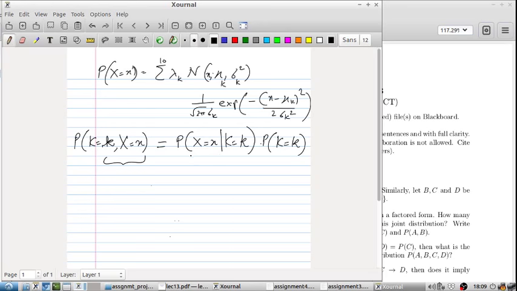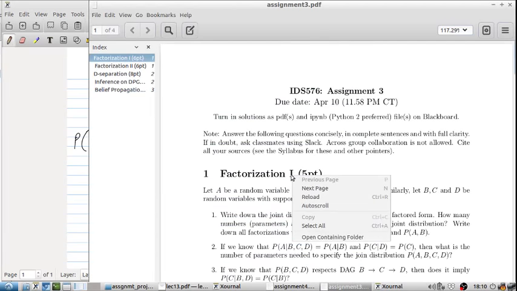Now, I'm just saying that k is a random variable in the generative process, which is just picking which component the x comes from. The current sample, for example, little x comes from. So p of capital K is equal to little k is just lambda k. Okay, lambda little k.